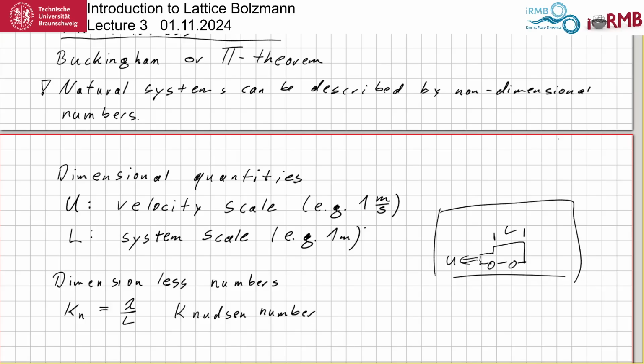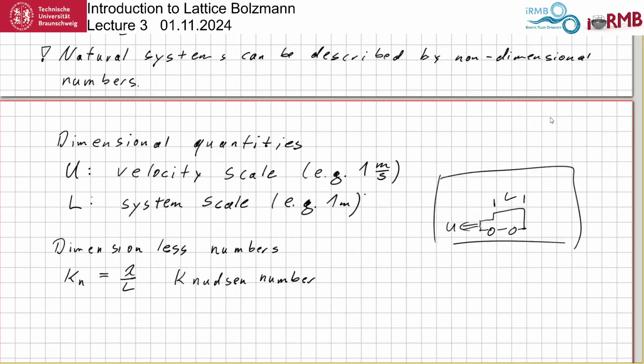So the Knudsen number is the mean free path divided by the system length. And then there is something that the fluid dynamics people are of course using all the time: the Mach number, the velocity divided by the speed of sound.